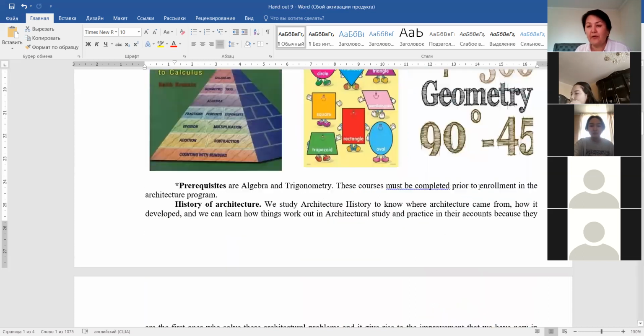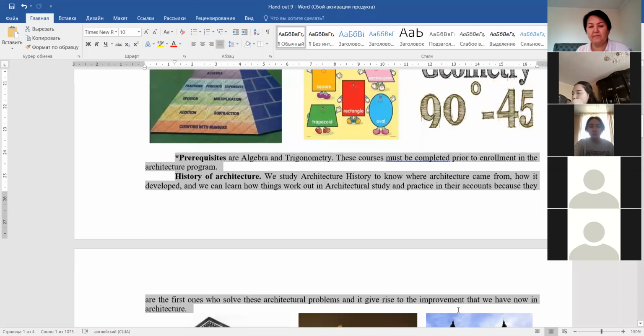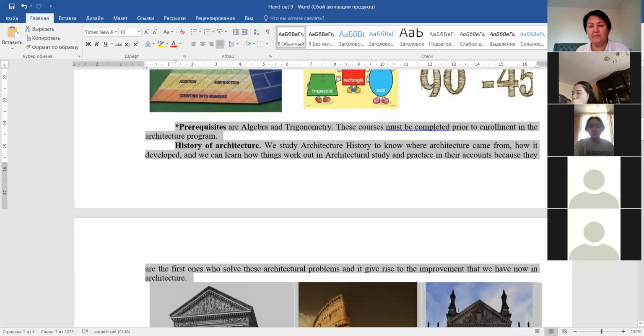Now we are going to read the next paragraph of the text. Prerequisites. Prerequisites are algebra and trigonometry. These courses must be completed prior to enrollment in the architecture program. History of architects.